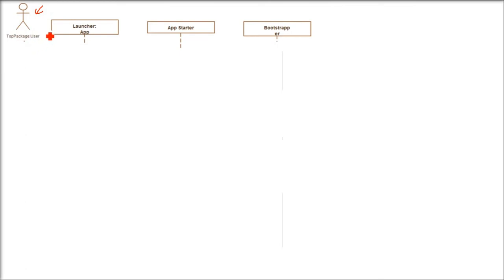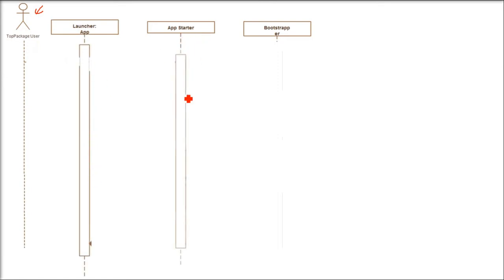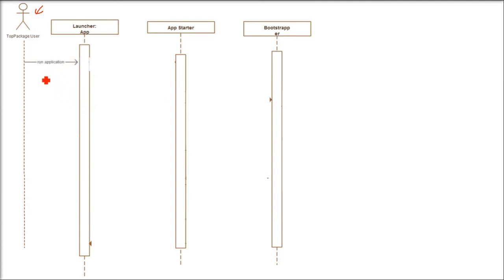It can be any app. So first of all, you have to show three dotted lines to show that we have three lifelines, 1, 2, 3.